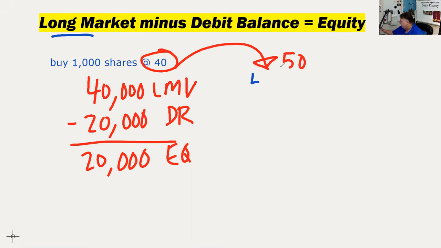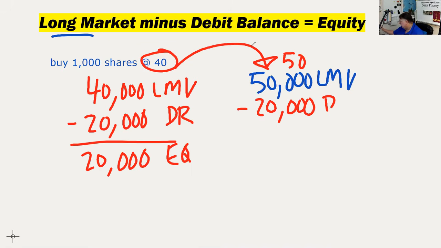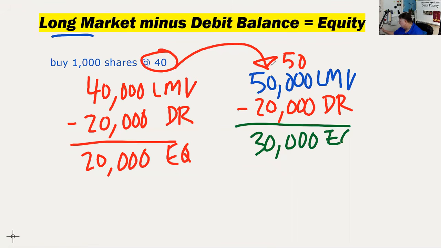So now we're going to go $50,000 in long market value. You still owe the brokerage firm $20,000. If you sold the stock, nobody's suggesting you do so, but if you did, equity always represents what you would have if you sold the stock. Again, this is the biggest thing, the classical margin equation.